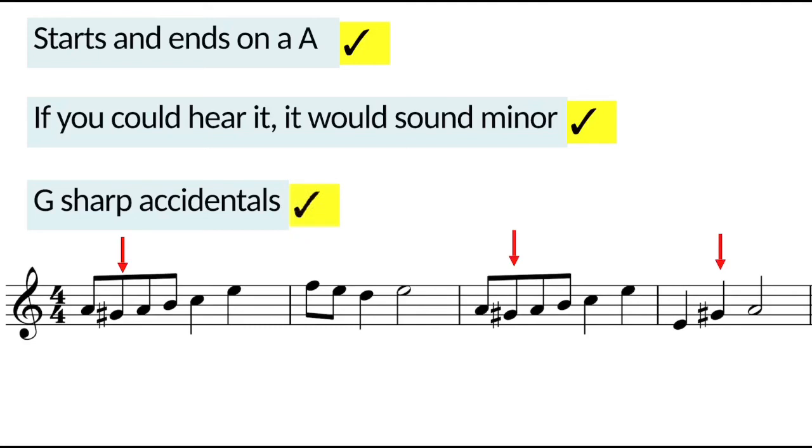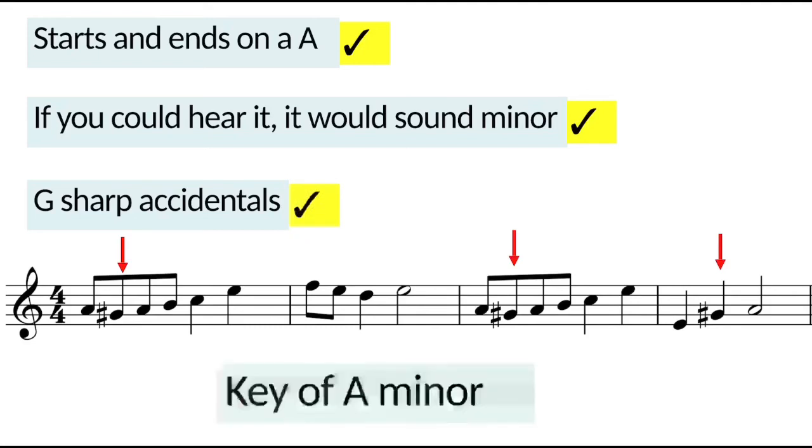So, three examples of a G sharp, and these G sharps happen all over the place when the key is A minor. So we're piecing all those things together. Starts and ends on an A. To listen to it, it's a minor tonality. The presence of G sharp accidentals leads us to the conclusion that that music is in the key of A minor.